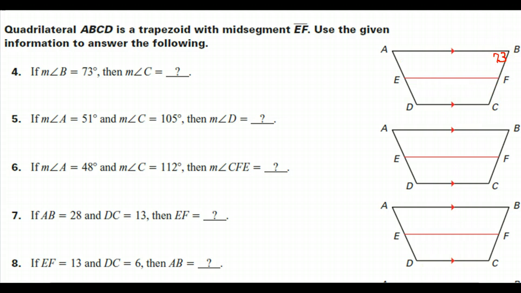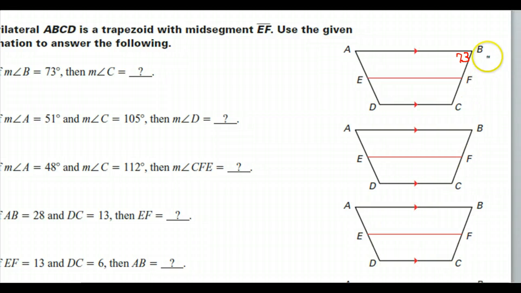Well, look, ladies and gentlemen, let's focus on this for a second. Focus on angle B and angle C. Supplementary, okay? Angle B and angle C are consecutive angles. They are these angles on the leg over here.